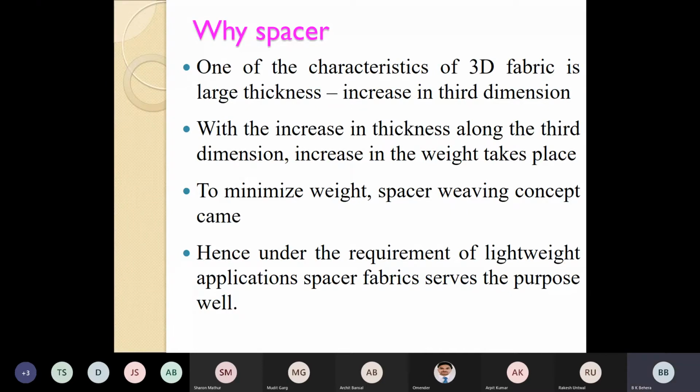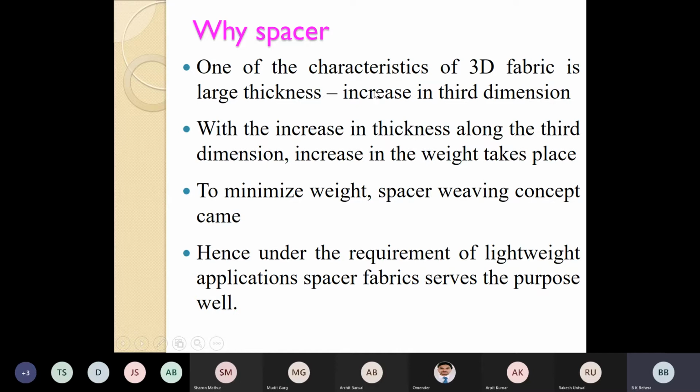If you recall what we said in case of 3D solid, one of the characteristics of 3D fabric is large thickness. I have given some definitions of 3D fabric and seen that one of the fundamental meanings of 3D fabric is a fabric having large thickness.